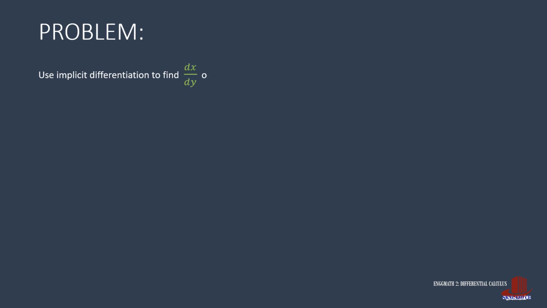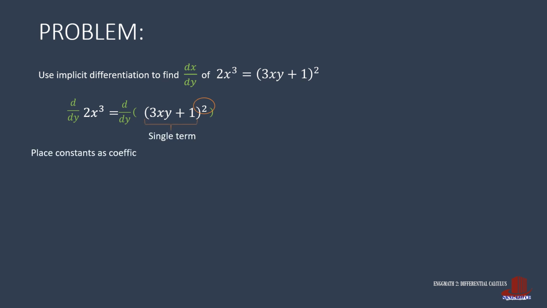Instead of dy over dx, let's look for dx over dy this time. Since we are working on the same function, treat it as how we analyzed it earlier. The square shows that the binomial is considered as a single term. Place a constant before the derivative and get 2 with d over dy of x cubed. The other side will have to take the derivative of the whole binomial.